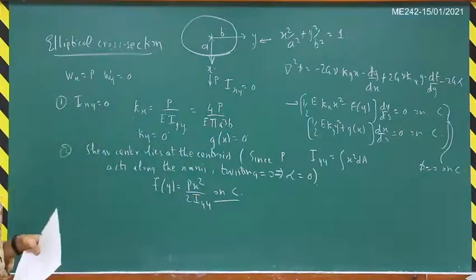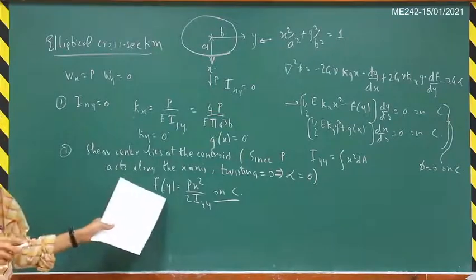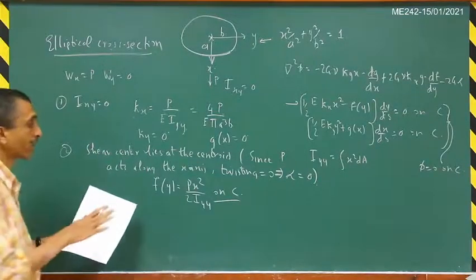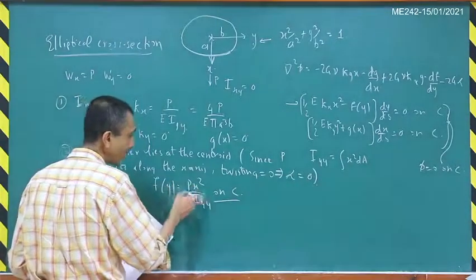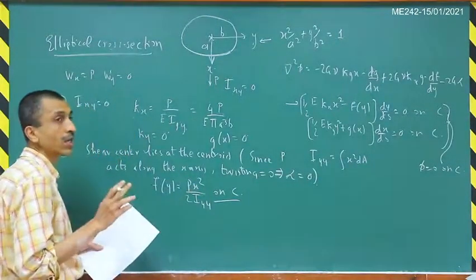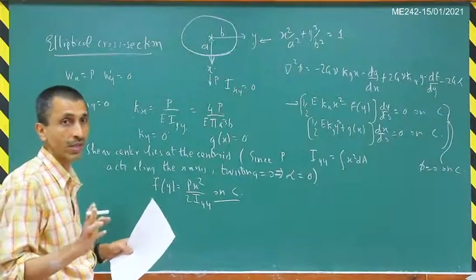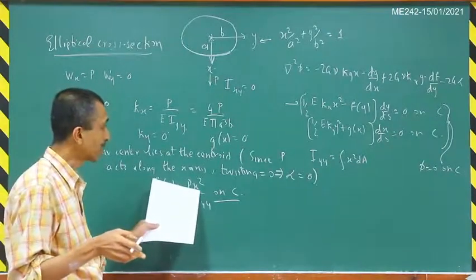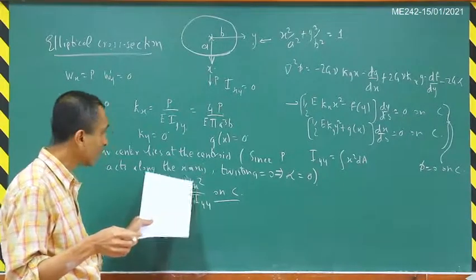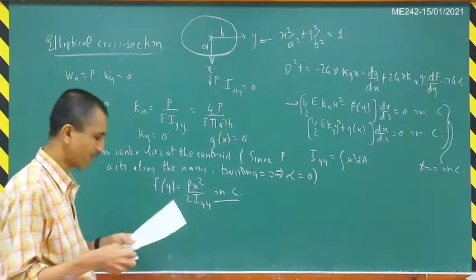On C, that is only on the contour this is true, not everywhere. Okay, so on that contour your f of y should be equal to this Px square. So there is a constraint between x and y on the contour, and once you substitute that constraint, you will get that f of y is a function of y alone.